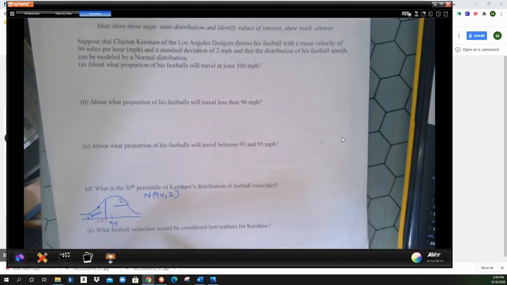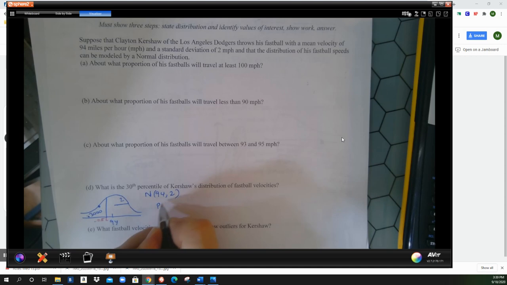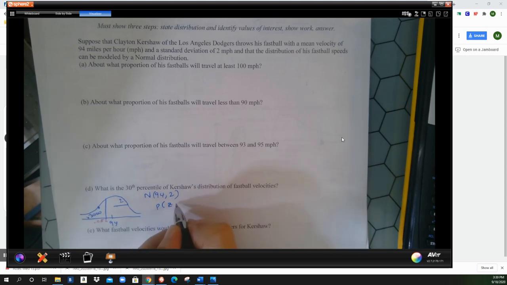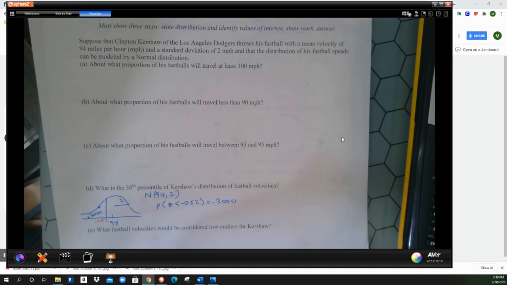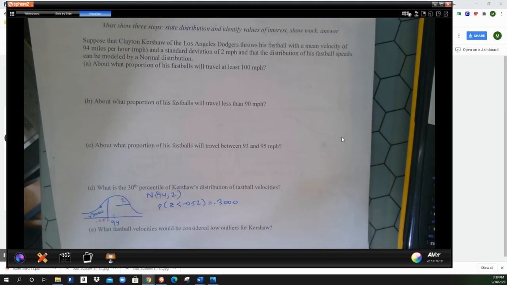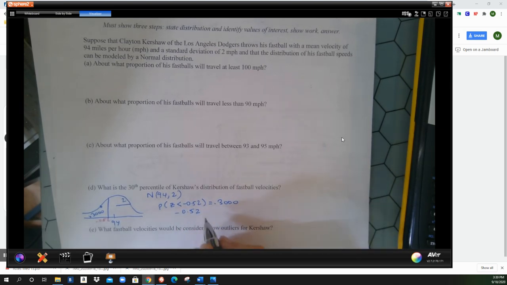So what I would do for this problem is I've found the z-score, the chance of having a z-score of less than negative 0.5244 is 0.300. I would write that down so it doesn't disappear on me. And then I would say, hey, how you get your fastball speed is really up to you. So you could just write it down or maybe write the work. But this would be the work I'm doing next to find that number that the calculator said, the 92.95.